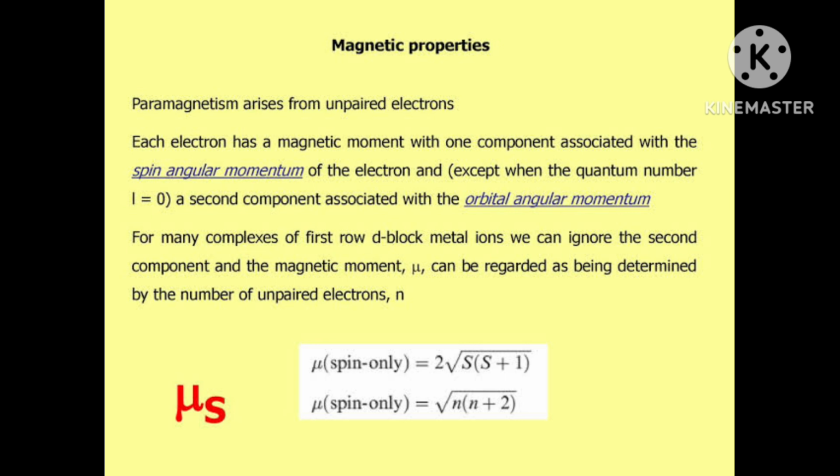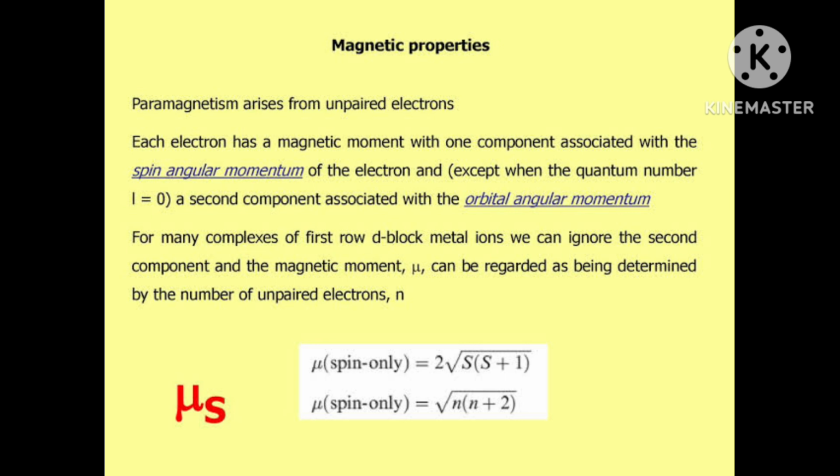And d6 is Fe2+ and cobalt 3+. In these cases, a vacant pair of d orbitals results only by pairing of 3d electrons, which leaves 2, 1 and 0 unpaired electrons respectively.